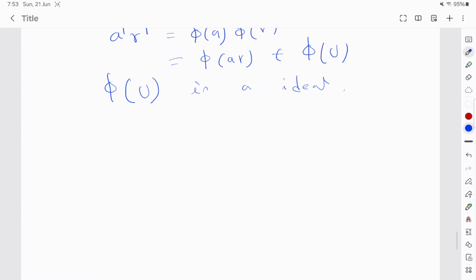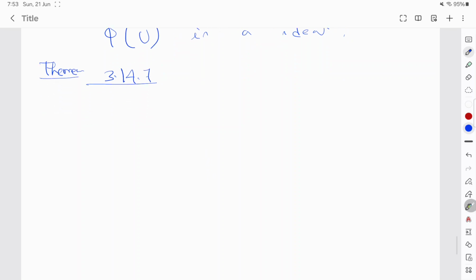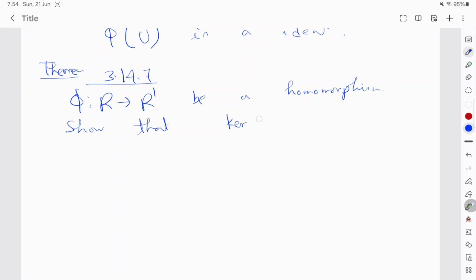Now the next thing, this is also important, theorem 3.14.7: let phi from R to R' be a homomorphism. Then ker phi is an ideal of R.